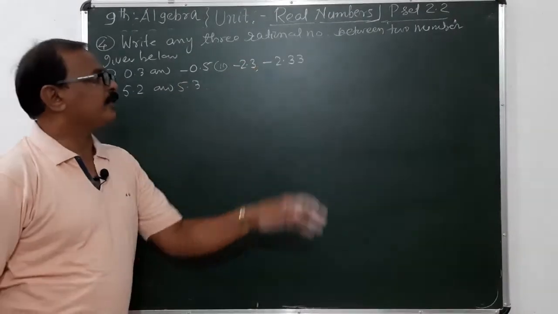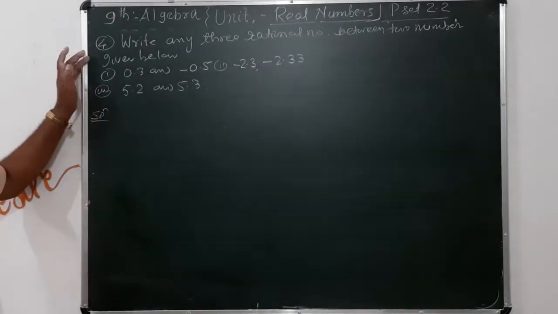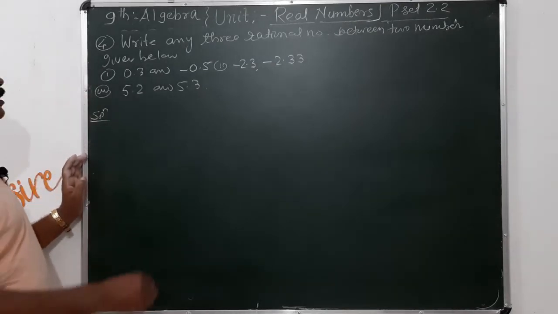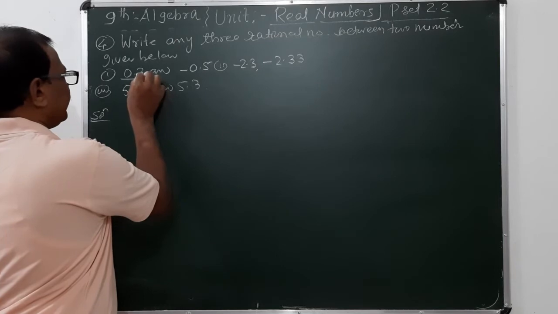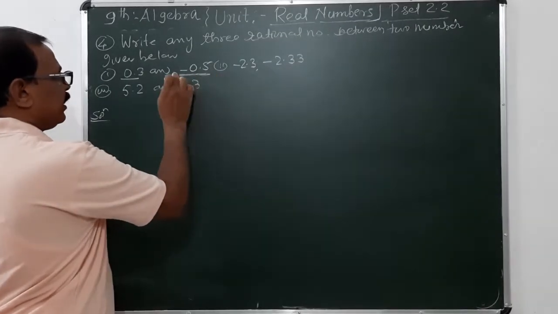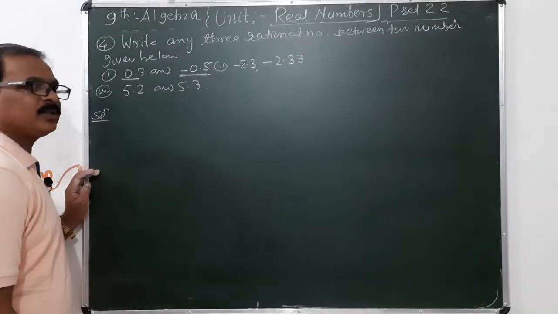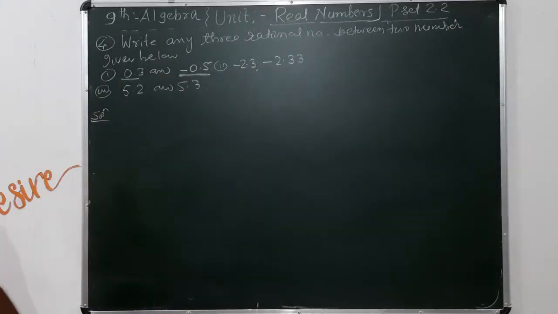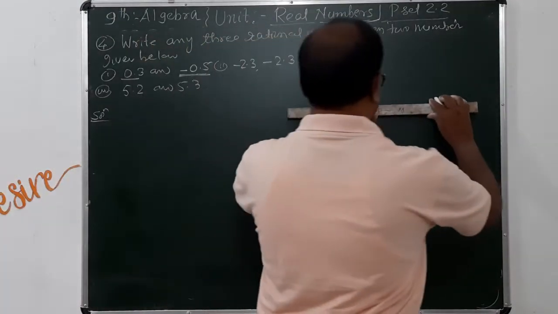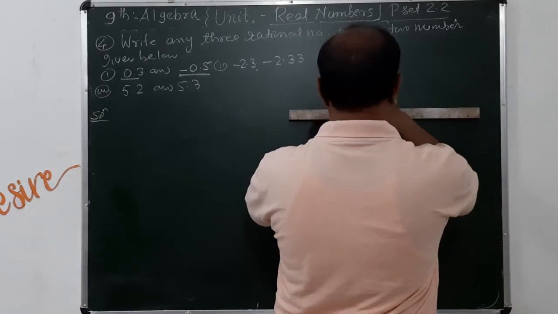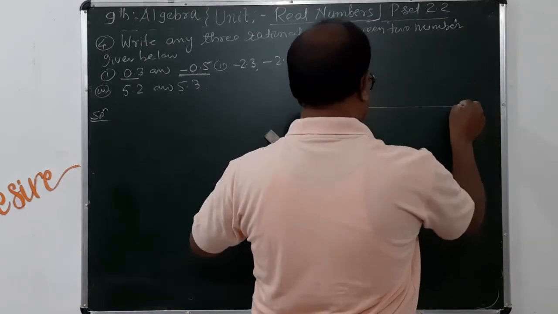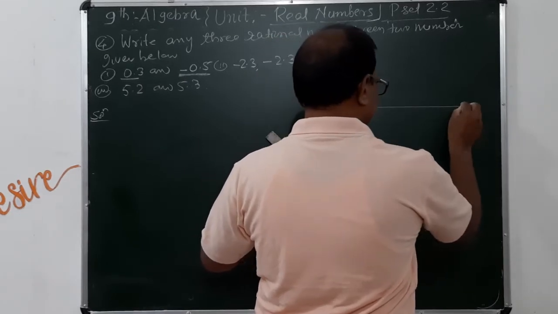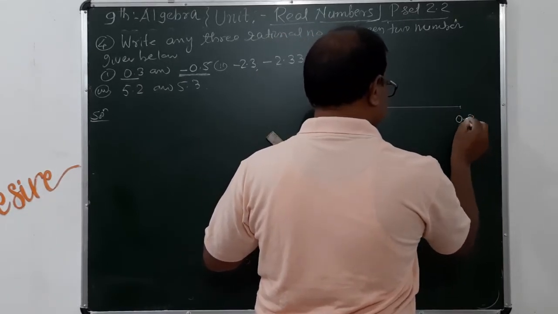Find any three rational numbers between the two numbers given below. Now here 0.3 is a terminating rational number, and here minus 0.5 is also a rational number, so it is negative. Suppose we consider minus 0.5 here and 0.3 here.